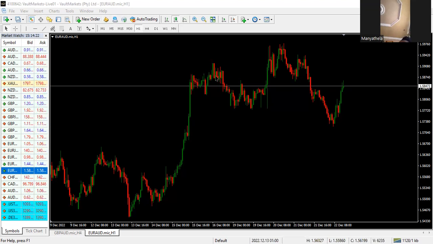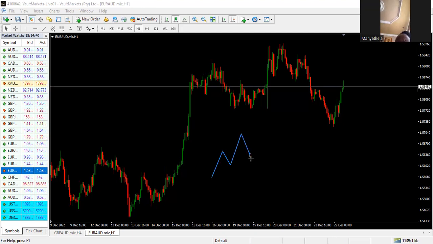Okay. When we talk about a head and shoulder, we're talking about something like this. This is a sell head and shoulder.